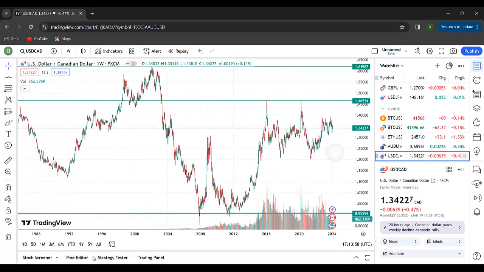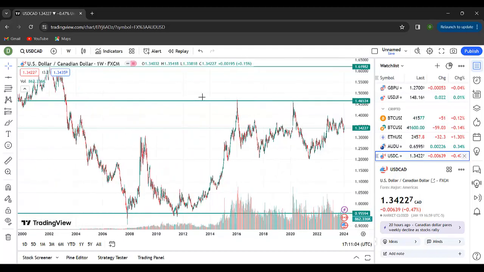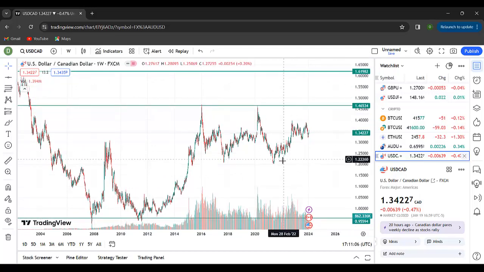Okay, so yeah, this is a very strong zone, right? But it looks like there is a consolidation around here, and this tells us that there's liquidity above here and there's liquidity beneath as well.